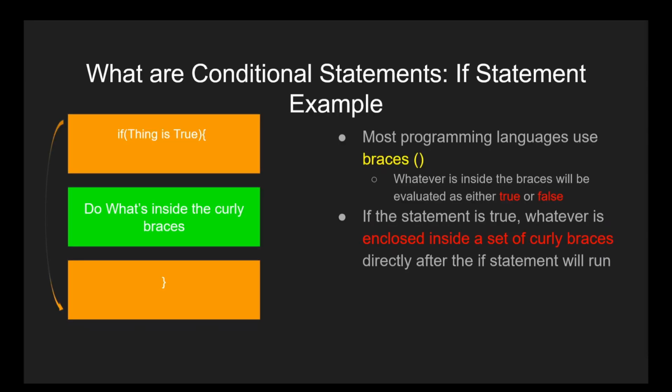If the condition in parentheses is true, then all of the code contained within the brackets will run, and if the condition in the parentheses is not true, then it will skip over all of the statements within the brackets. A quick note is that while this is the case with most programming languages, some like Python use colons and whitespace to determine where a piece of code starts and ends, but for the sake of this series we'll be using curly braces.